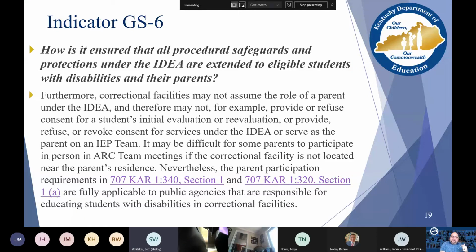You notice this keeps popping up. If the correctional facility is not located near the parent's residence, nevertheless, the parent's participation requirements are there. So there are alternate means of taking part, whether that's by phone, or particularly now with Skype and Teams and all these other options. So you're responsible for making sure that that parent takes part.